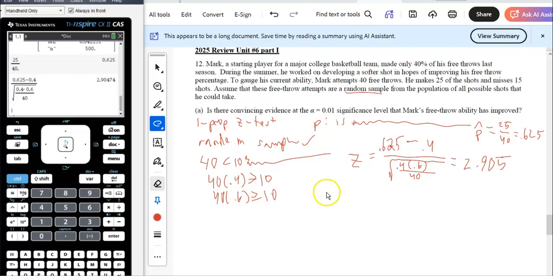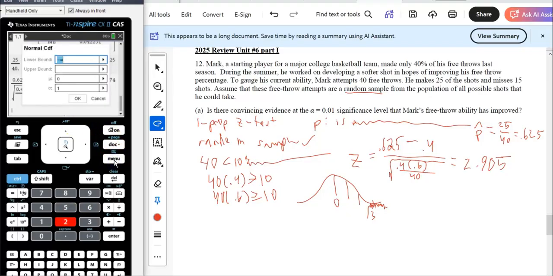So I'm thinking this is going to be a pretty small p-value, right? So you kind of draw it, that's 0, 1, 2, 3. Somewhere in here, we're shading to the right. This is a very small area. So how small is it? Well, we could do normal CDF for this, right? So menu 6, 5, 2.